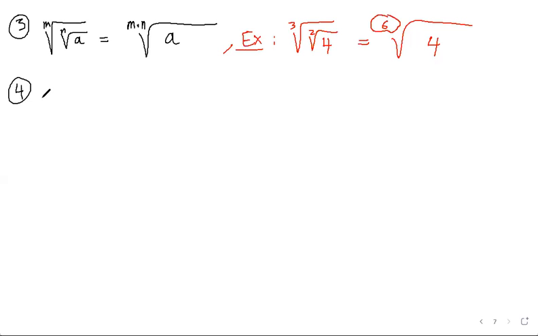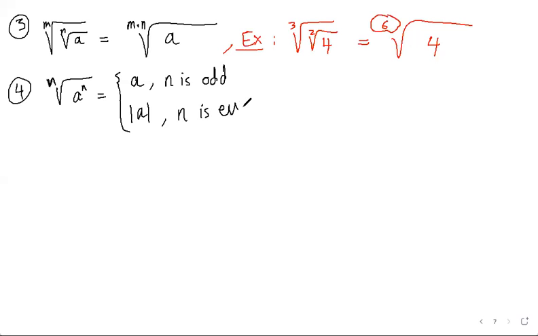All right. Fourth one: if I have the nth root of a to the n, this is equal to a, or the absolute value of a. This is a if n is odd, and the absolute value of a if n is even. What is the absolute value? What does that mean?